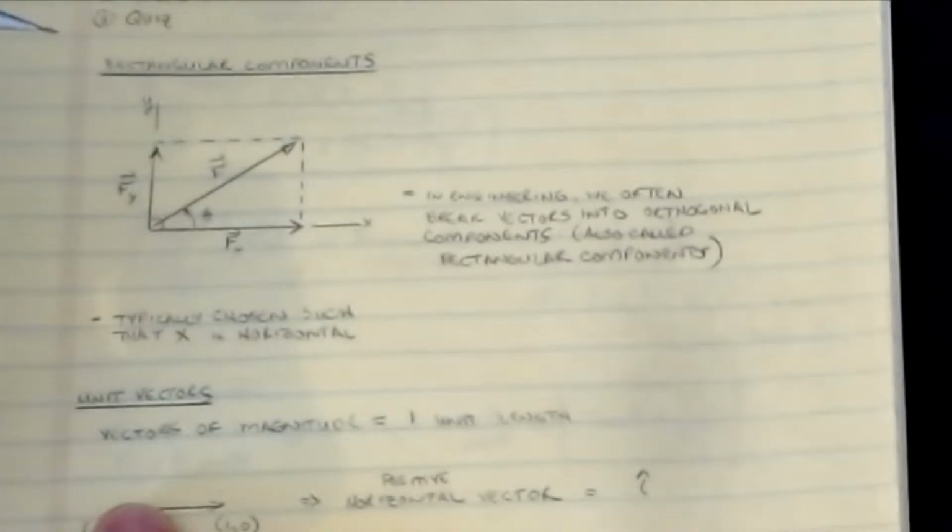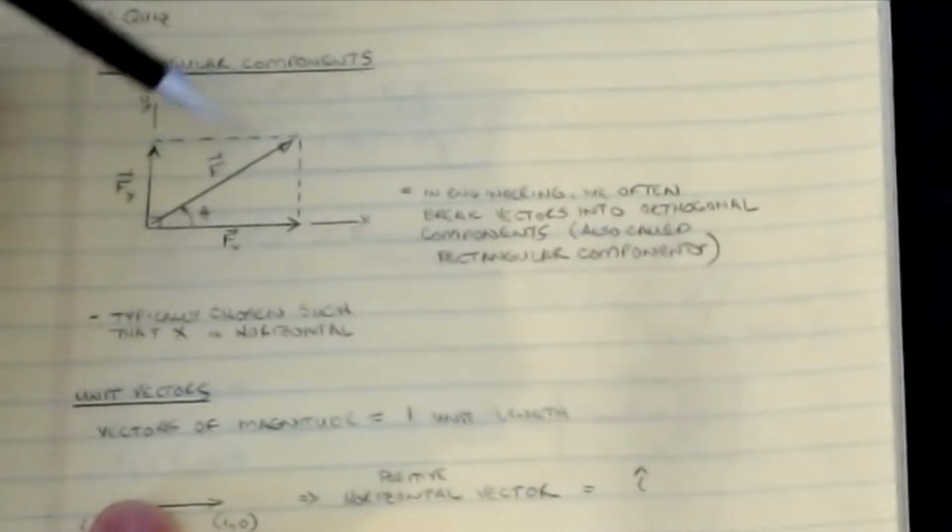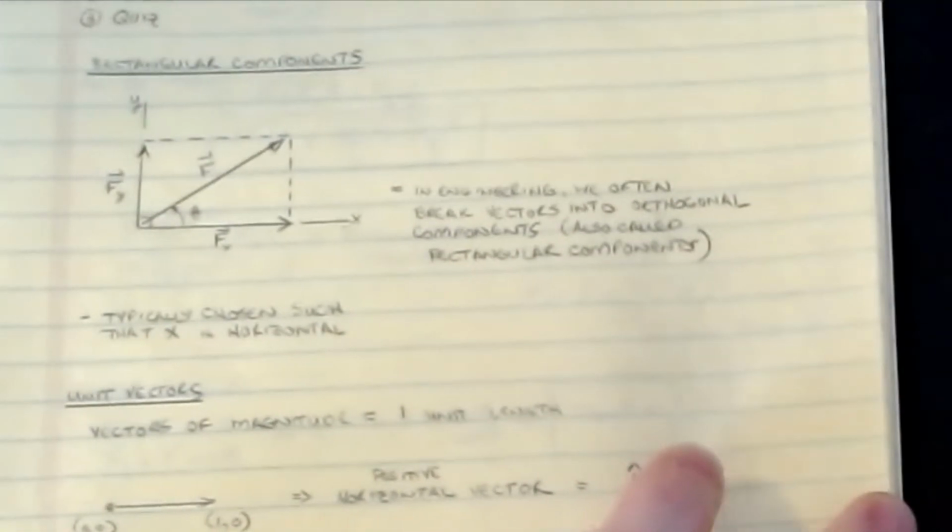So if we look at rectangular components, what I have here is a diagram in which I have a force F, this guy here. Whether I'm going to find this guy as a resultant of these two forces, Fx and Fy, or whether I'm taking him and breaking him back into two pieces, I'm still bounded by some of those ideas that we talked about in the parallelogram law in the last video.